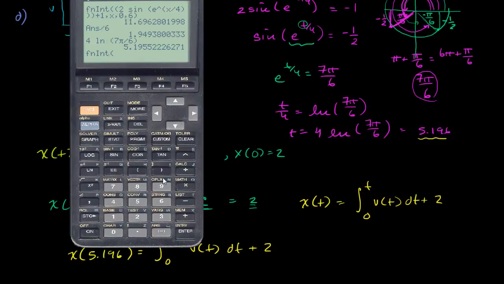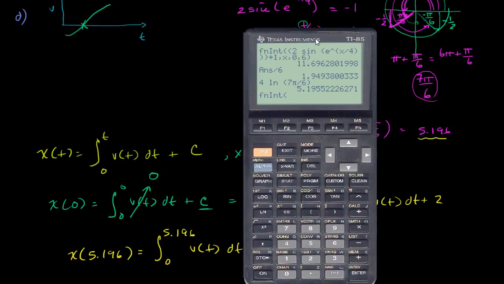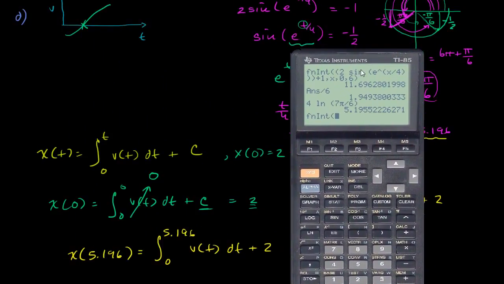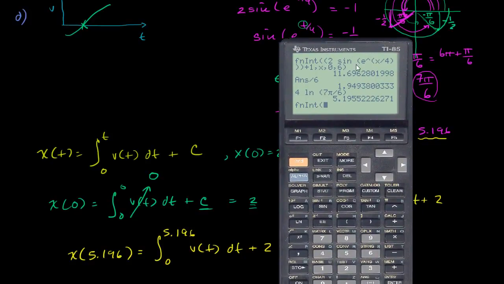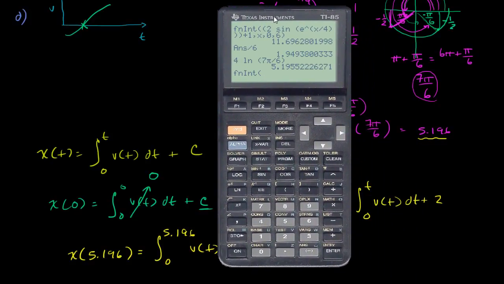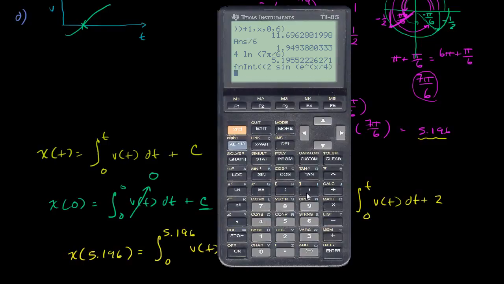This is my definite integral function, and I want to take the definite integral of our velocity function. I don't have it written over here, but we've already done it up here. So let me write it again. The velocity function was 2 times the sine of e to the, and I'll just use x as my variable of integration, x divided by 4, close one parenthesis, close another parenthesis, and then plus 1.